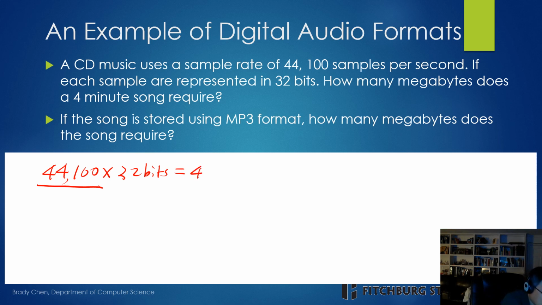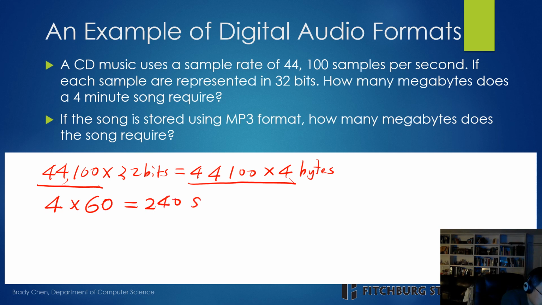So that's going to be times 4 bytes, right? That's the total storage space we need for 1 second of music. Now we have 4 minutes, so we need to convert 4 minutes into seconds. So it's actually 4 times 60. So that's 240 seconds.